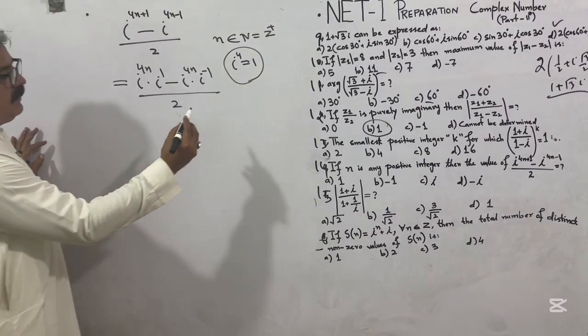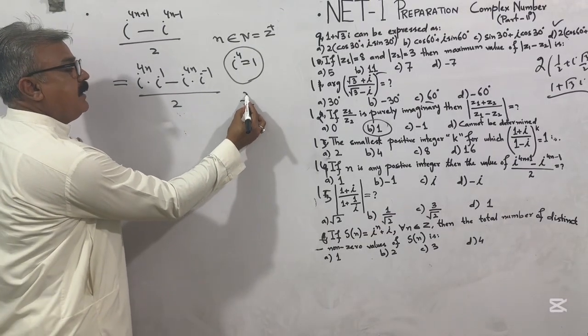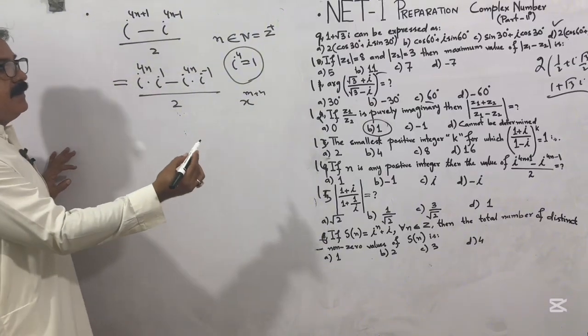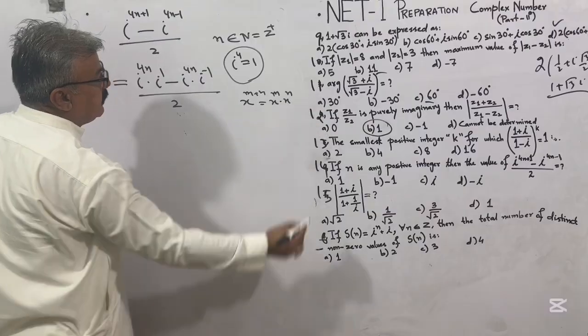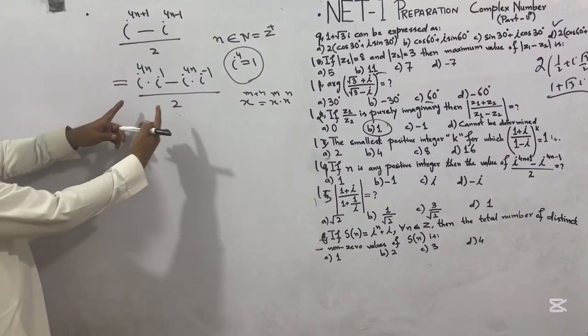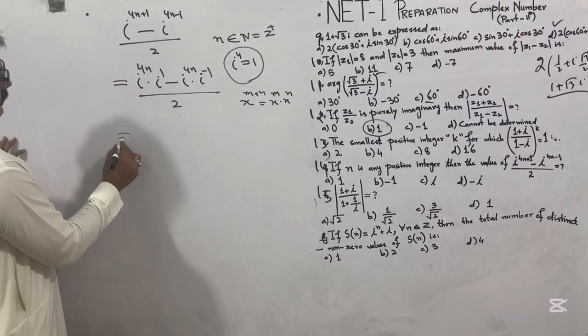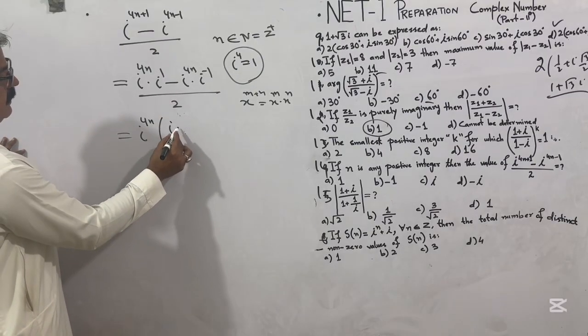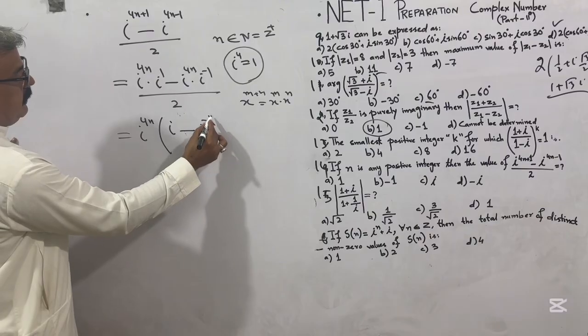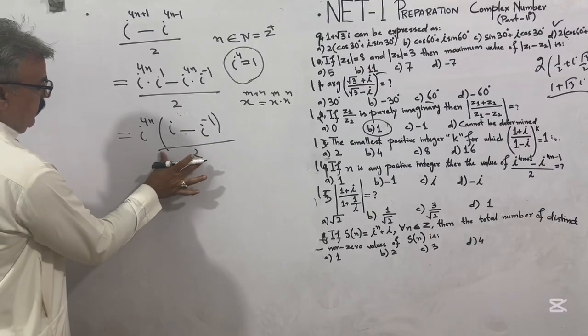By simply utilizing the exponent rule, x raised m plus n is equal to x raised m times x raised n. Now taking iota power 4n common, what remains here is iota, and here iota raised minus 1, divided by 2.